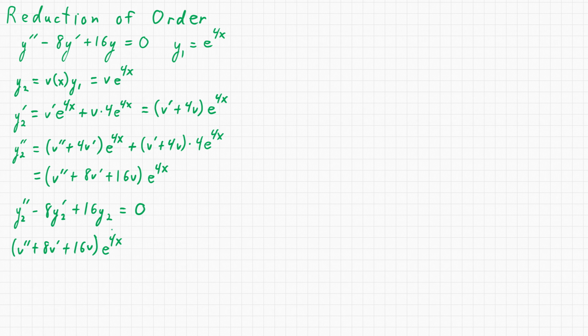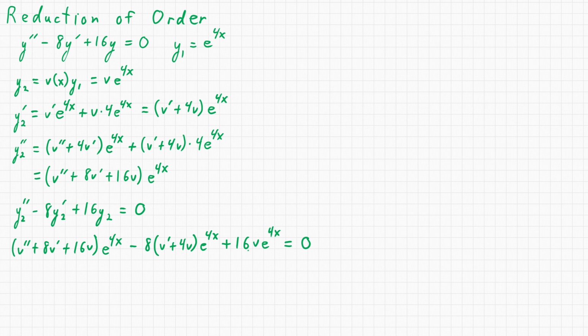Then I've got a minus 8 times y2 prime, here it is, v prime plus 4v times e to the 4x. And then I've got a plus 16 times y2, which is just v e to the 4x. And that's all supposed to equal 0.